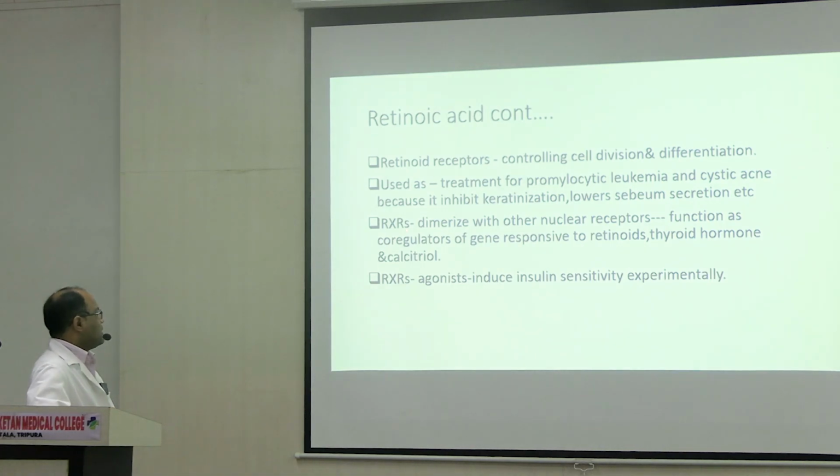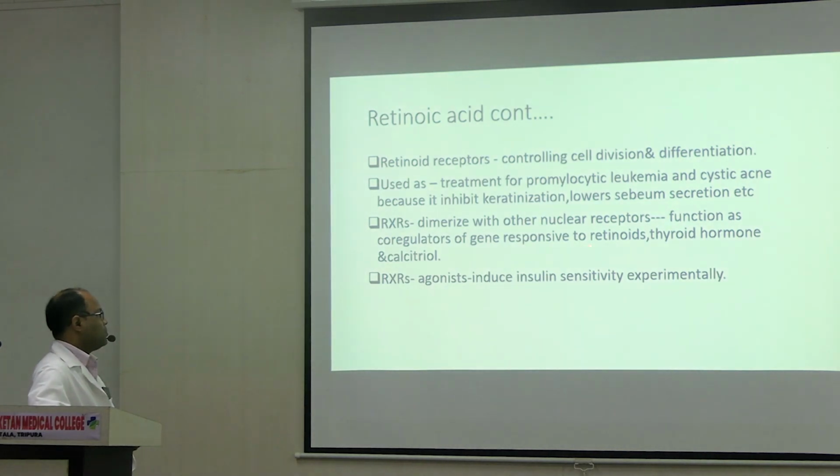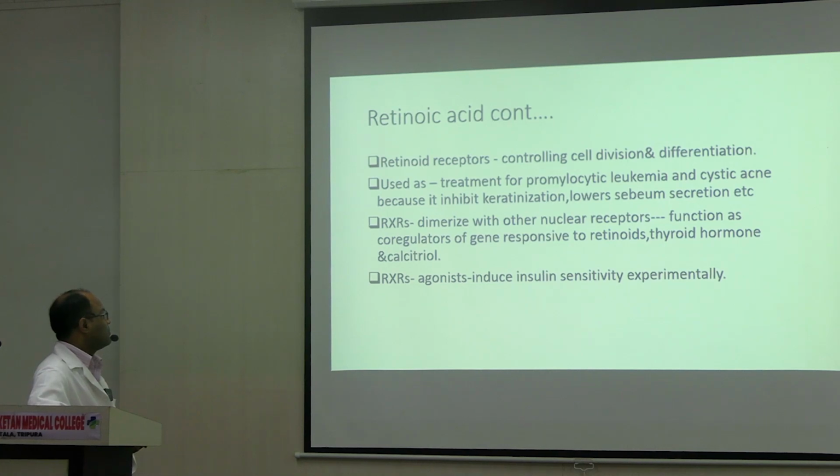Next, RXR dimerizes with other nuclear receptors. And then what happens? The function is as co-regulators of gene expression for retinoids, thyroid hormone, and calcitriol, vitamin D. RXR agonists also induce insulin sensitivity experimentally.